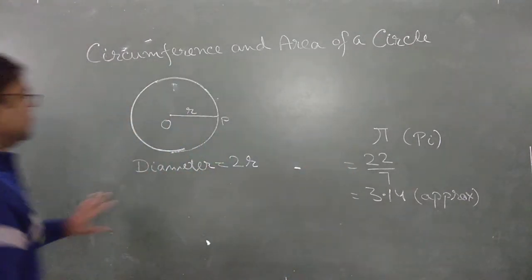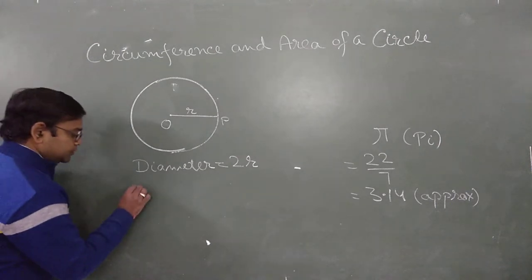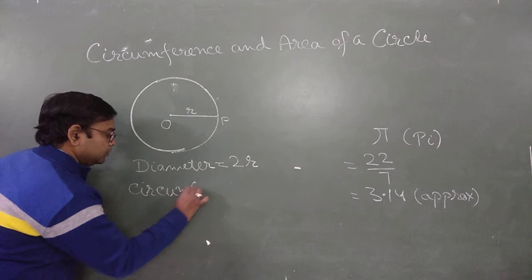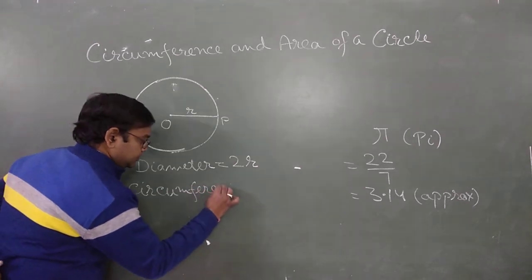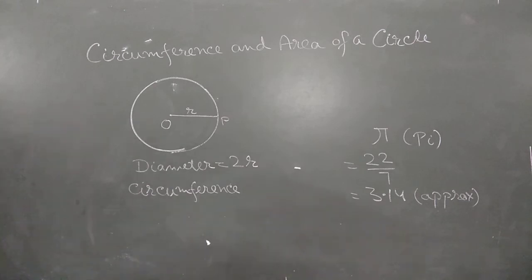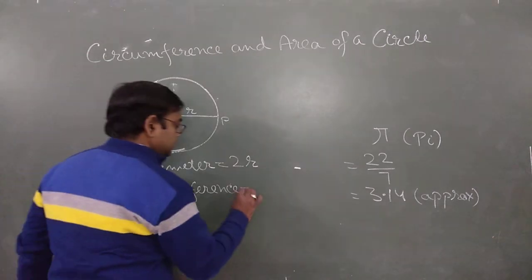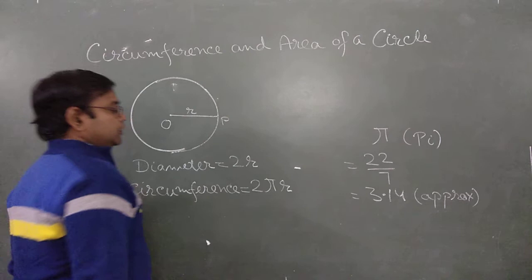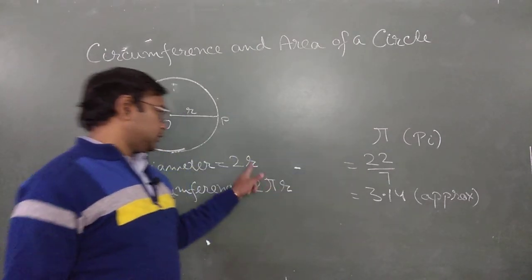Now come to the point. What is the length of the circumference? Observation says that the length of the circumference, or perimeter, is equal to 2 pi r. Pi, the radius, and 2.